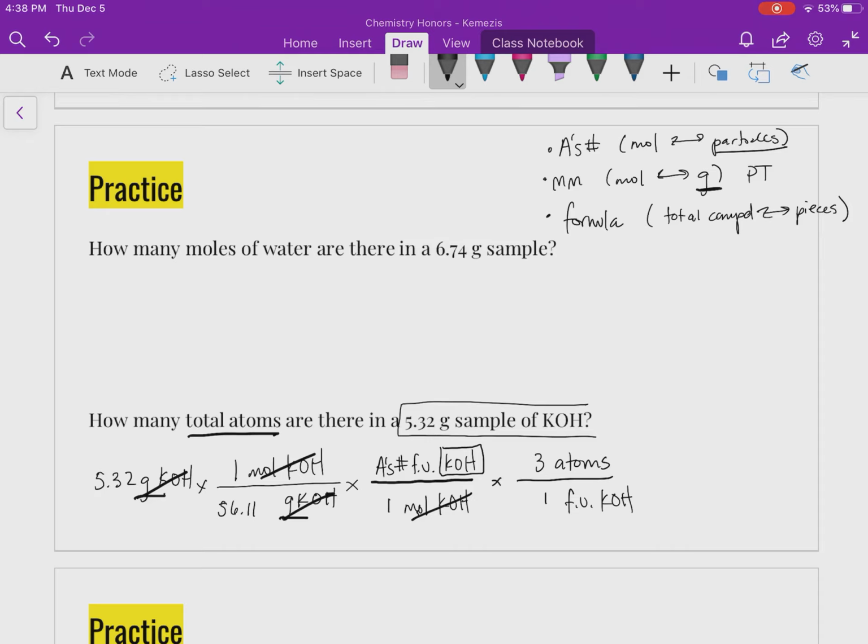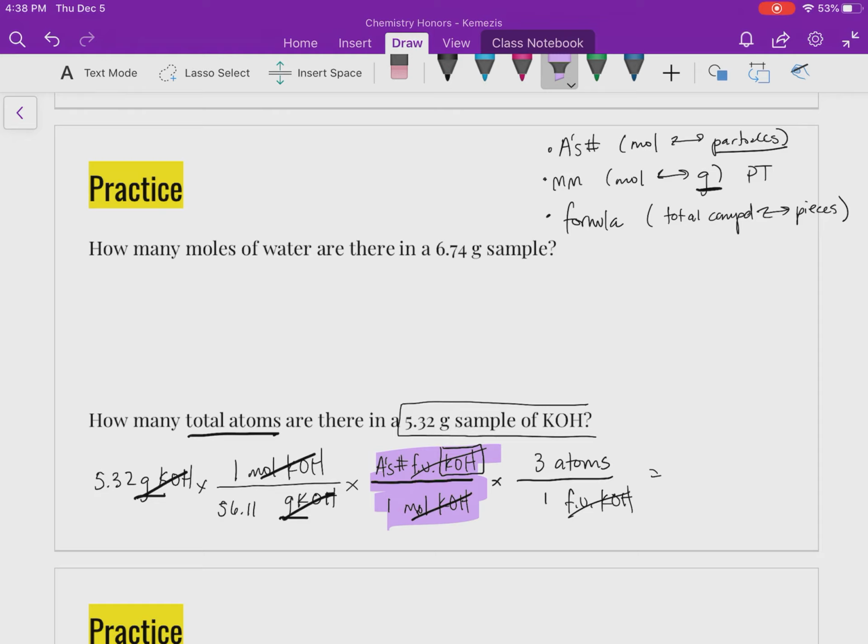Okay. So we had that one extra step that you might not have seen, but again, when we're doing conversion factors, especially with this one, we need to make sure that it's true. I can't say 1 mole of KOH has Avogadro's number of atoms of KOH, because that's not how we talk about formula units.